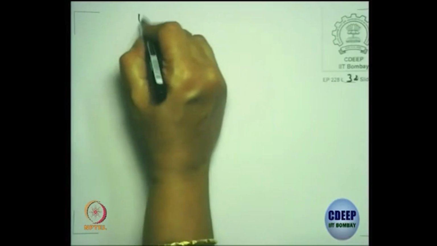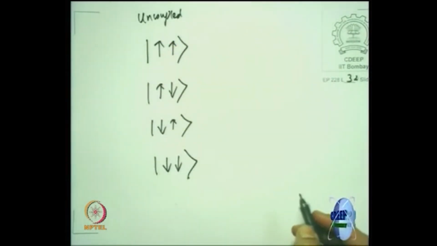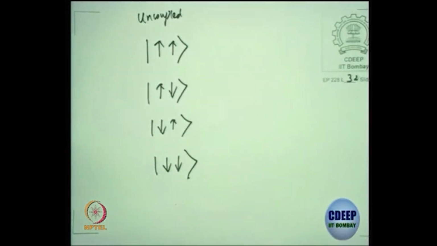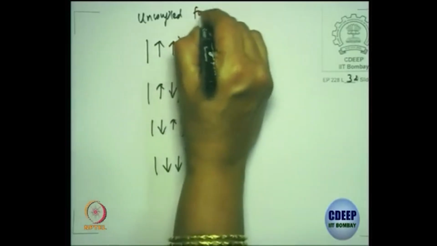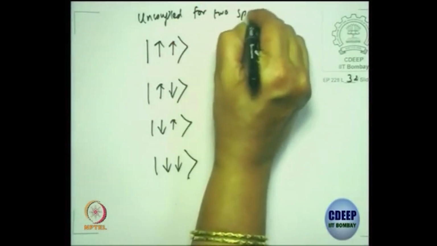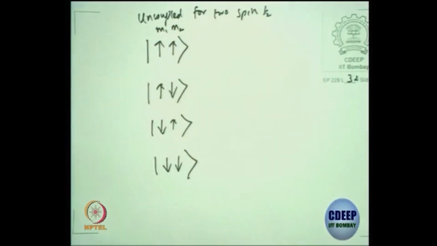This is the uncoupled basis. I am not going to put J1 and J2, which is half half, but we can just remember that for two spin half. I am only writing the M1 and M2.